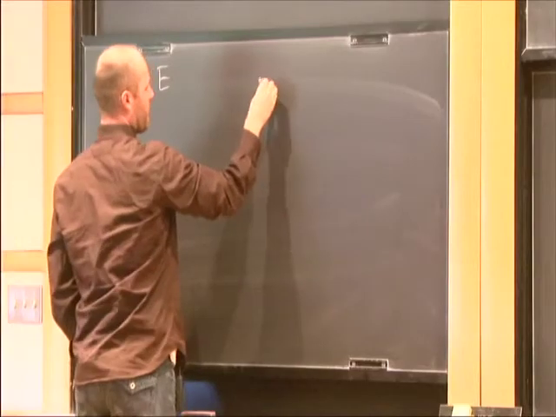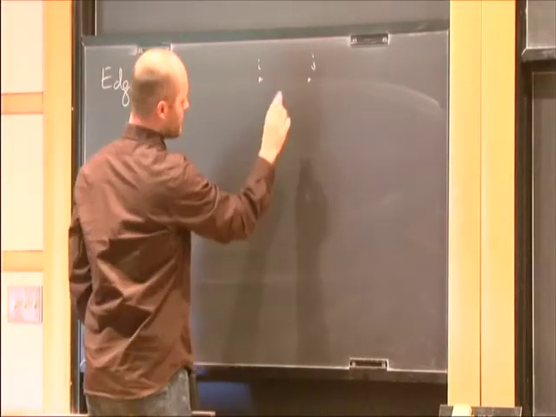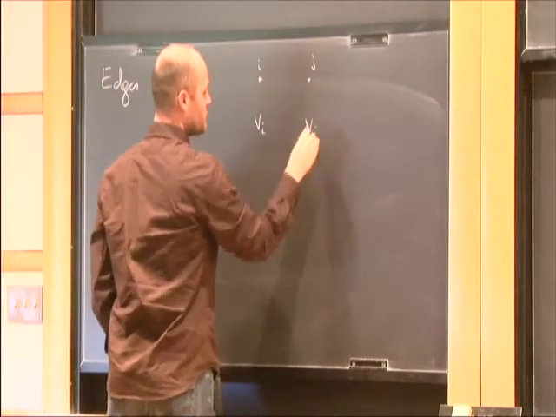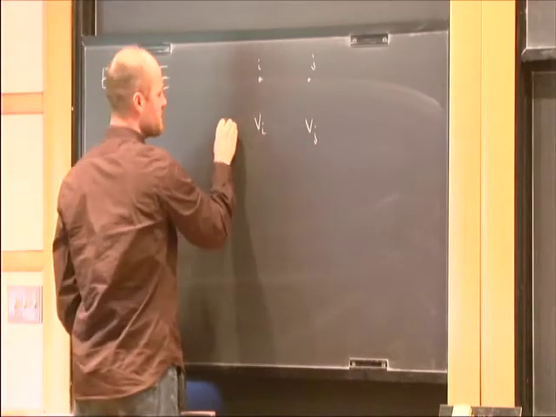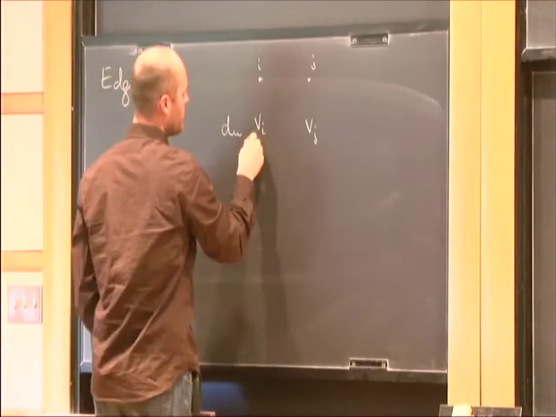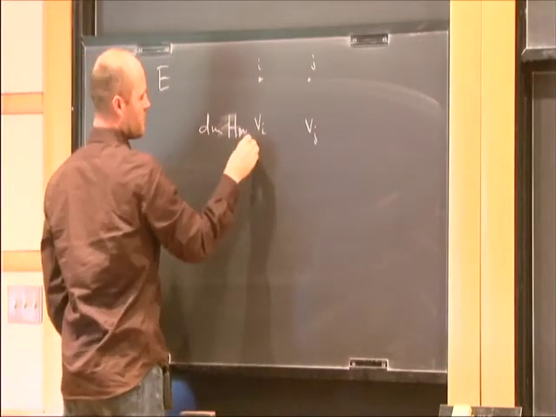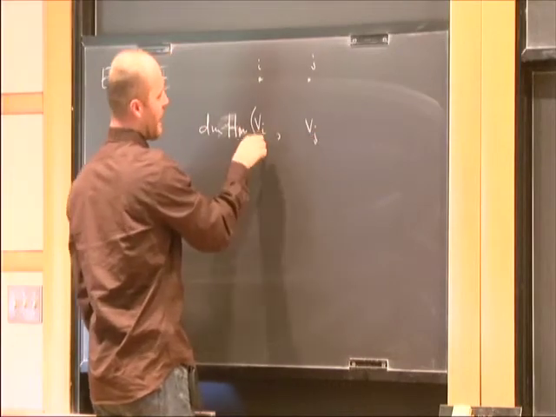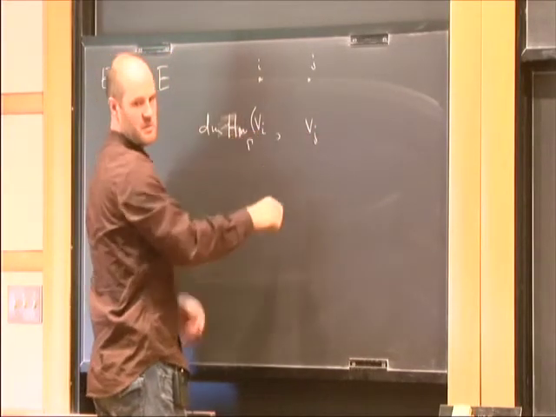well, if i and j are distinct vertices corresponding to irreducible representations of gamma, V_i and V_j, then to figure out how many edges to put between these two vertices, I look at the dimension of the space of gamma homomorphisms from V_i to, well, not to V_j. I mean, these are distinct irreducibles, so there are no homomorphisms between them.